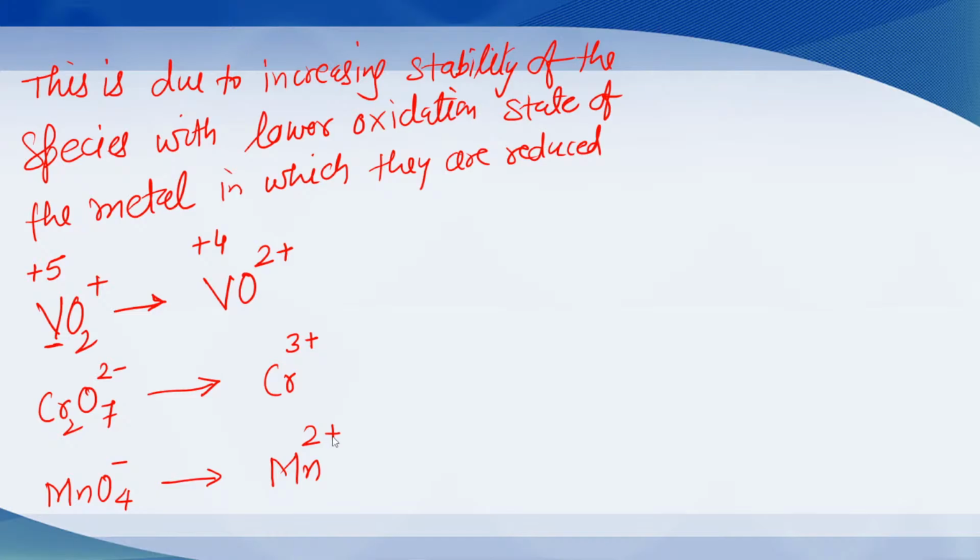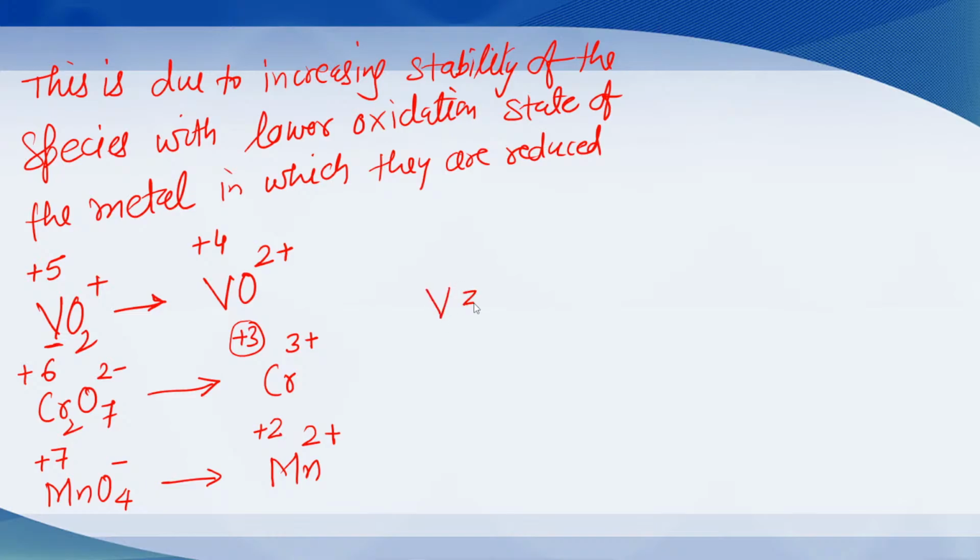We have done this. Here the oxidation number is plus 6, and in Cr3+ the oxidation number is plus 3. In MnO4 negative, the oxidation number is plus 7, and here it is plus 2. So just write the electronic configuration.